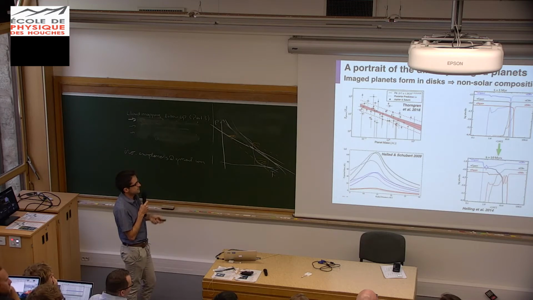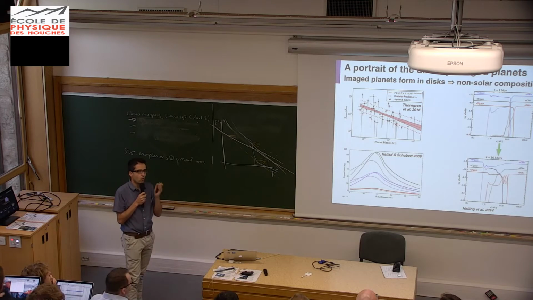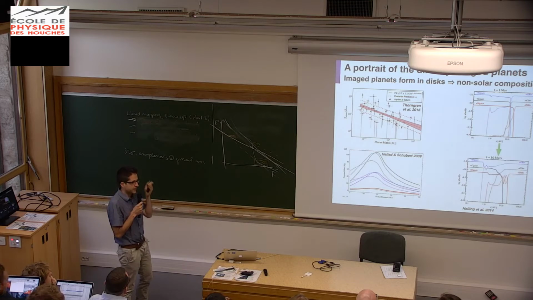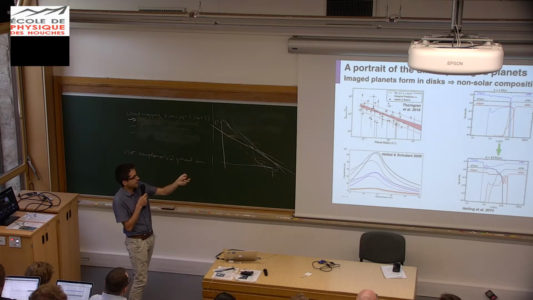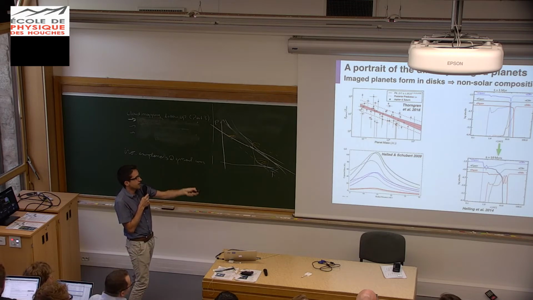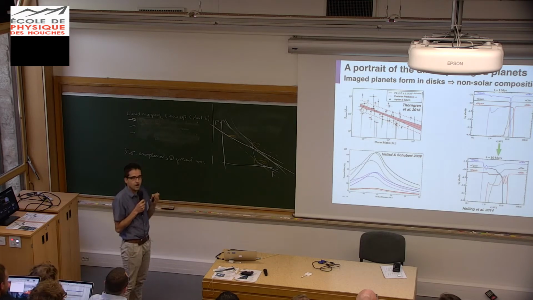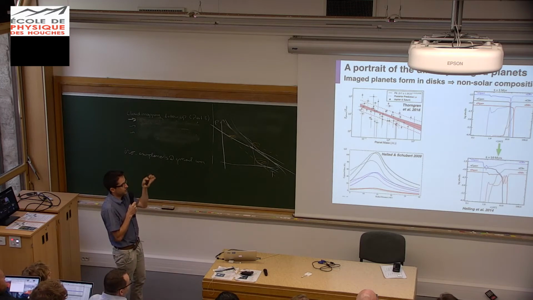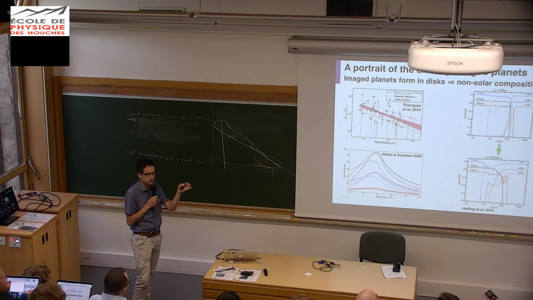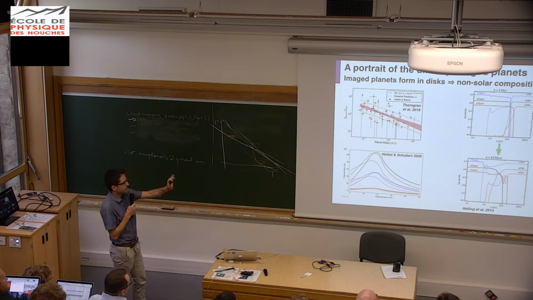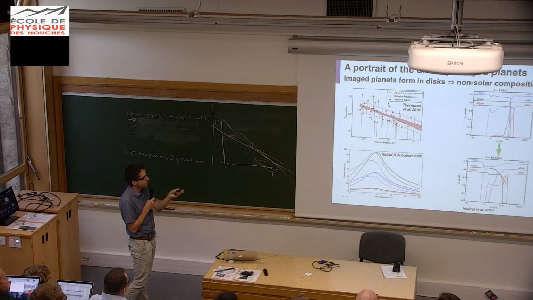And so this means that depending on where and when the planet forms, it is possible that the planet will have a very different atmospheric composition, and in particular, these elements might be tracers of the time scale for the formation, and also of the detailed way the object formed and what material it accreted to form its envelope. So just to say that the atmosphere of the giant planets that we are finding with the direct imaging method can have non-solar composition.